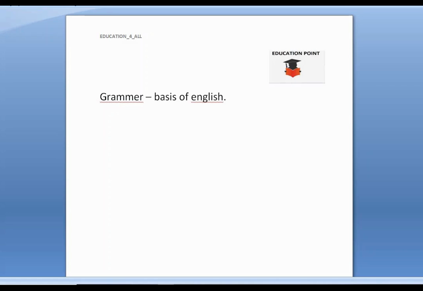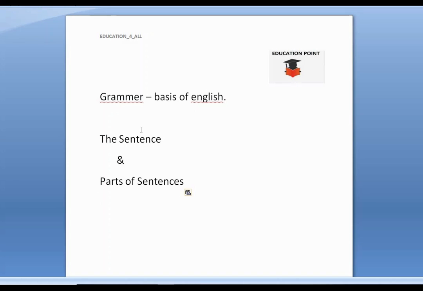So let's start with today's session on the topic: the sentence and the parts of sentences. In every English grammar book, you can find that these are two separately discussed chapters. However, to make our learning easier, I have combined both chapters into one.